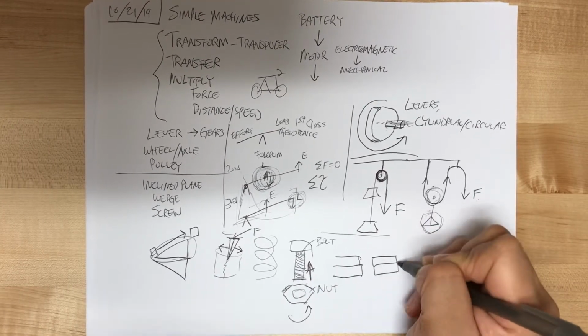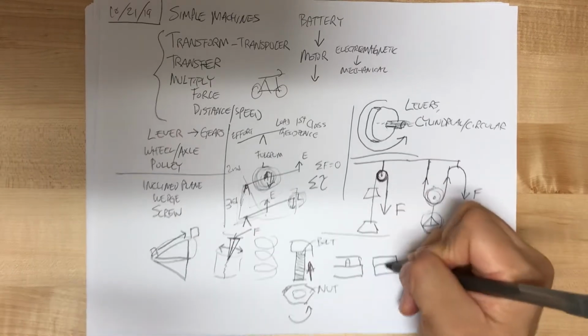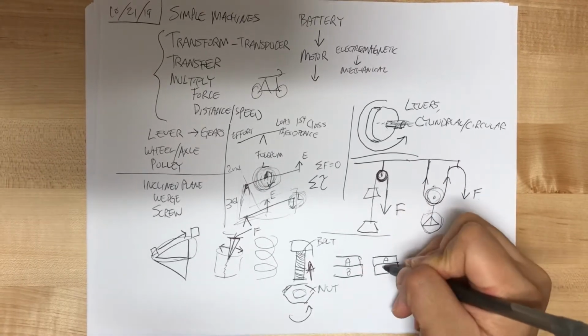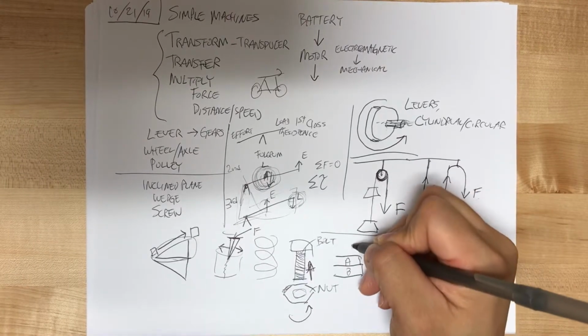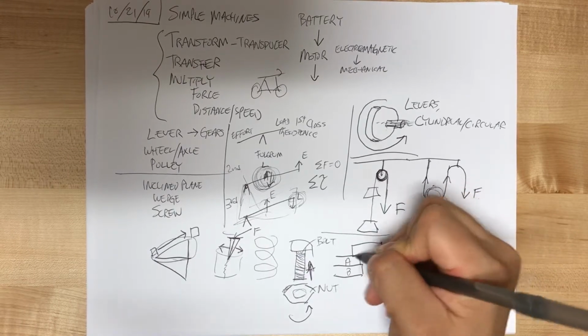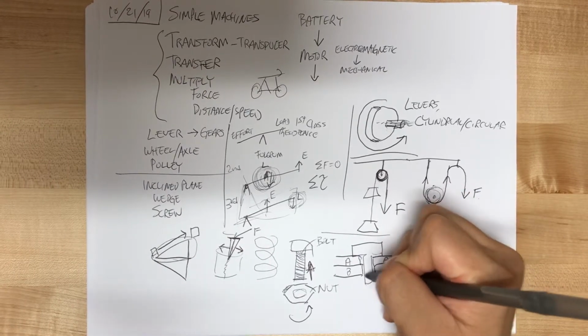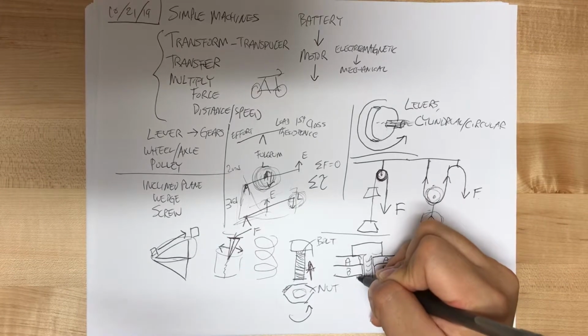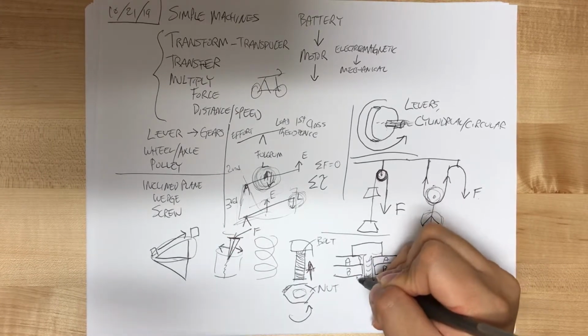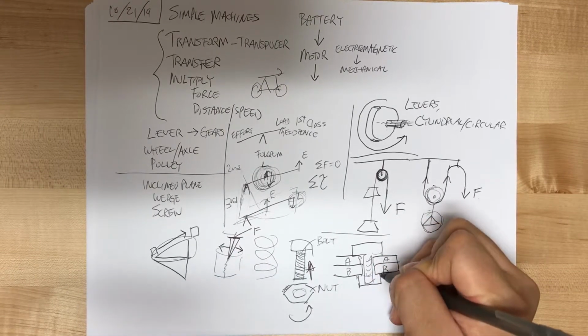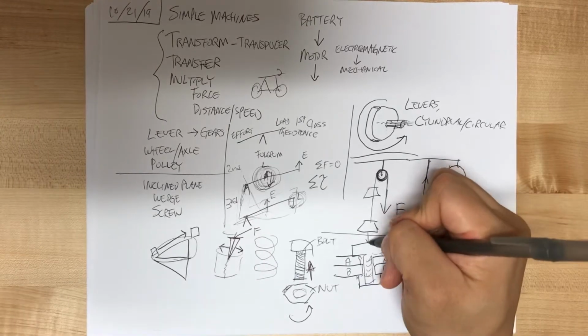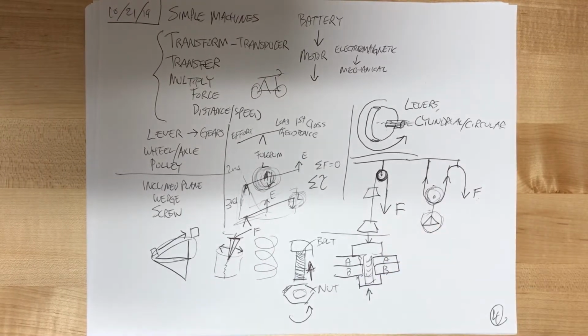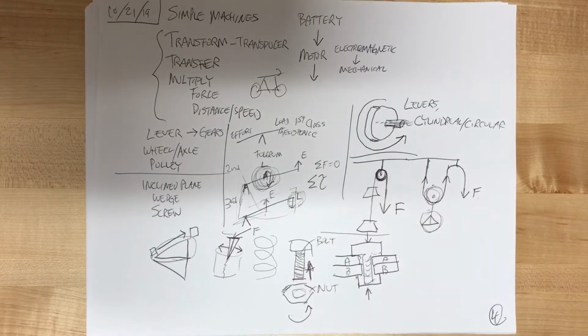So if we have a side view, let's say this is material A, material B, and you've drilled a hole, then you have a bolt, right, with the threads. And then you have this nut. I'm going to forego the hexagon here and just pretend like this is the nut. So because of the clamping force, you're able to hold those two pieces together. Alternatively, you can also have a screw.